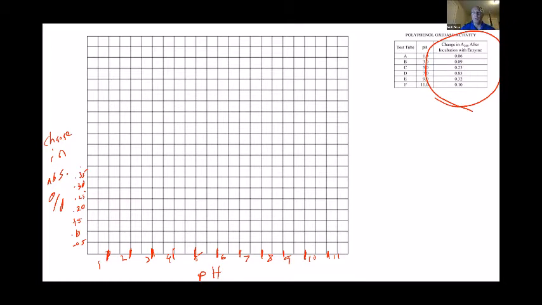All right, so at pH 1, our absorbance is 0.06. So somewhere like that. At pH 3, 0.09. pH 5, 0.23. pH 7, 0.83. So we need to go up further. I didn't see the 0.83 there.